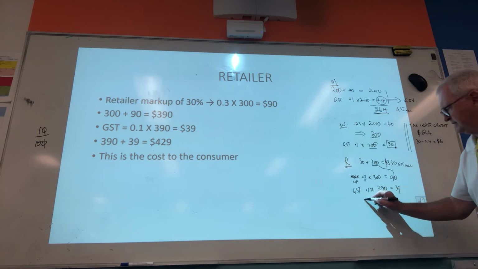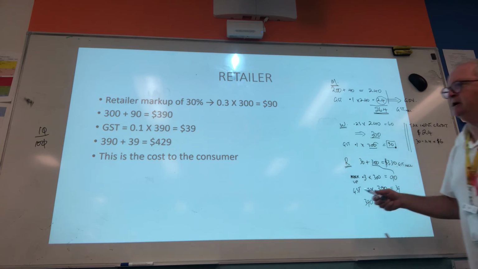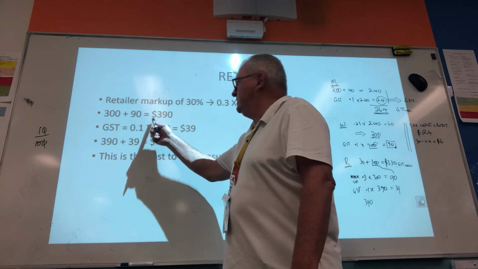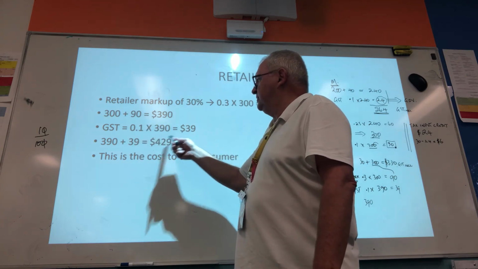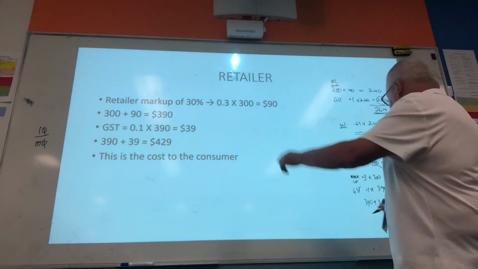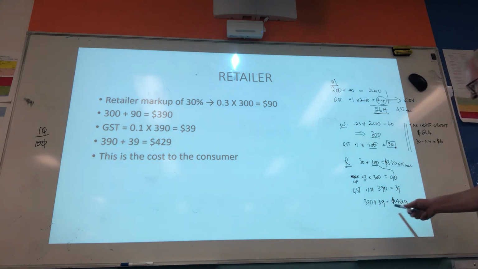Because that's the markup, 300 plus 90 is the 390. 10% of that is $39. Add them all together. 390 plus 39 is $429. Okay, so that's the retailer.